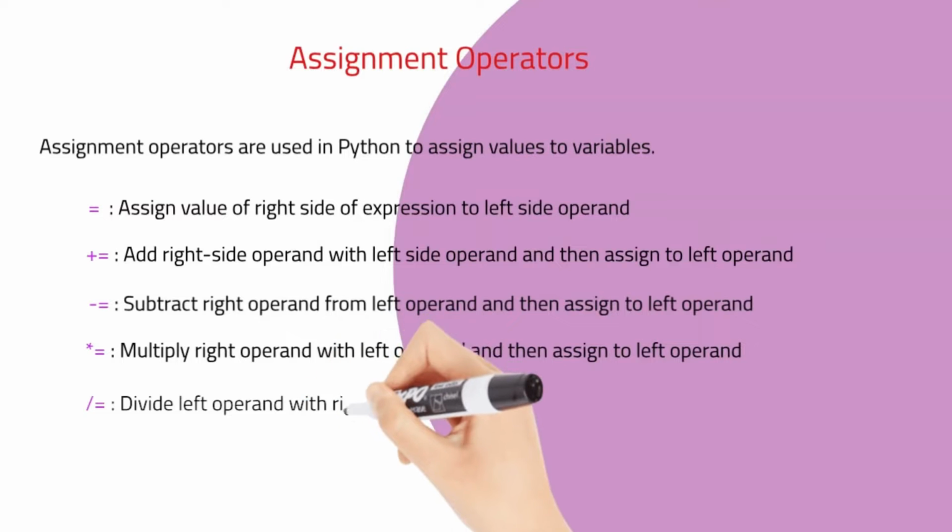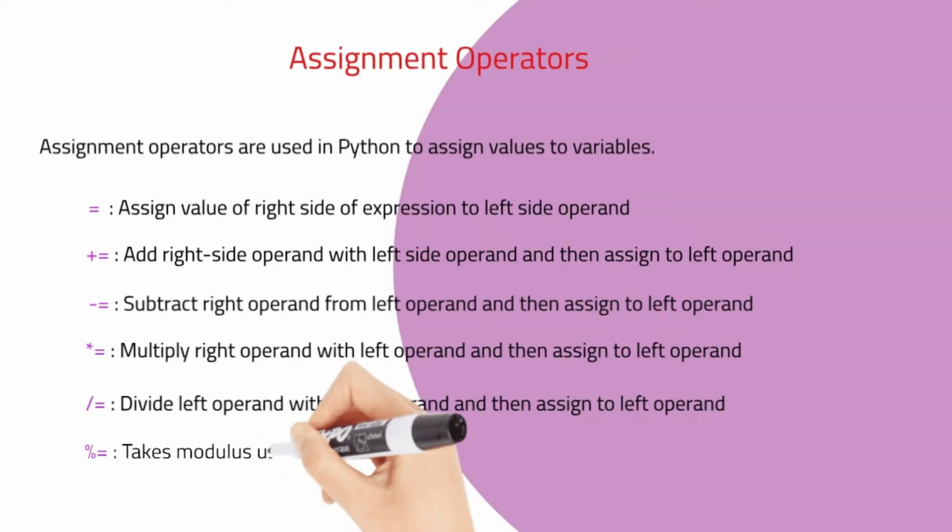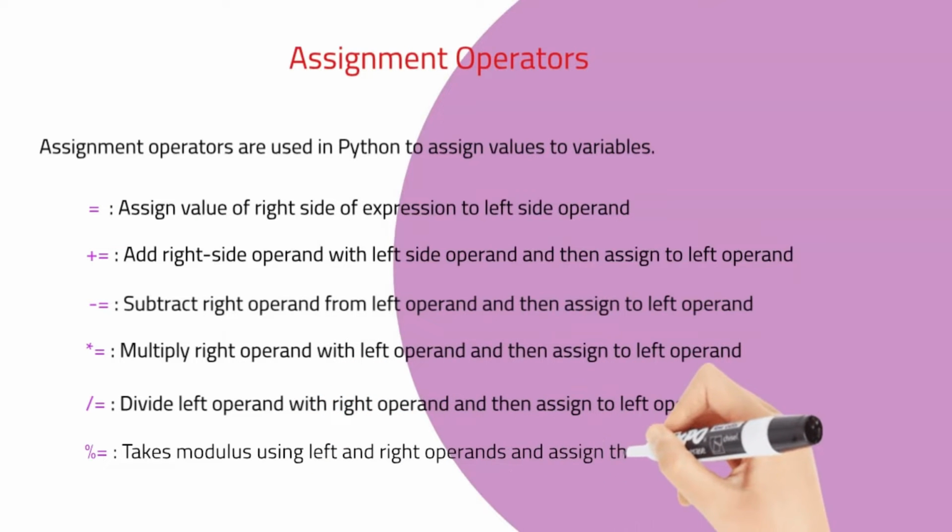Divide equals, also known as divide and. It divides the left operand by the right operand and then assigns to the left operand. Mod equals, also known as modulus and. It takes the modulus using the left and right operands and assigns the result to the left operand.